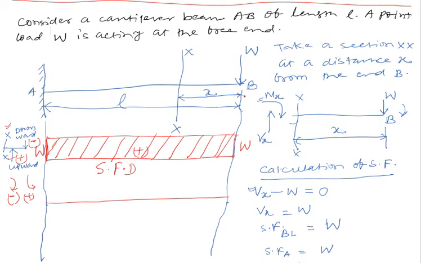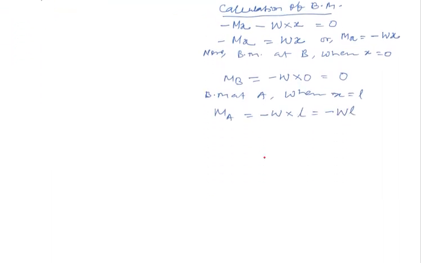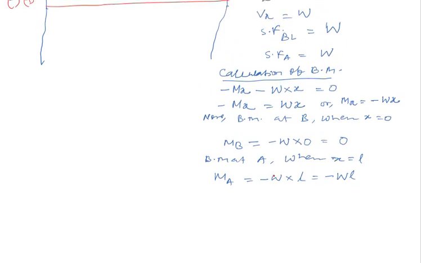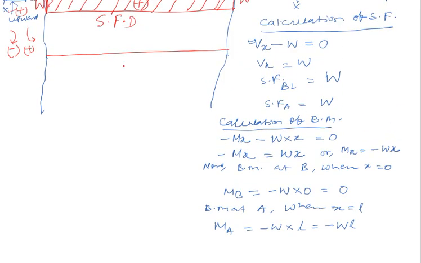The bending moment at point B is how much? That is 0. And the bending moment at point A is minus WL. So at this point it is 0, and at this point it is minus WL.